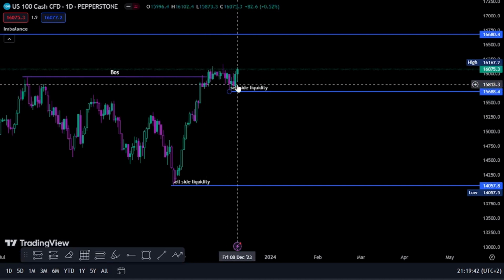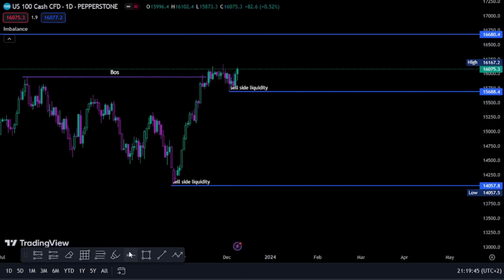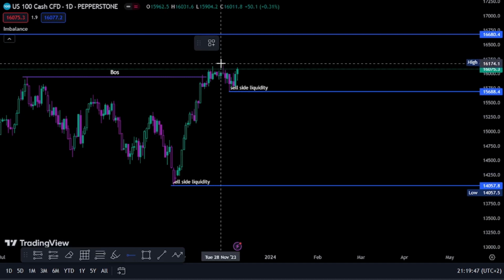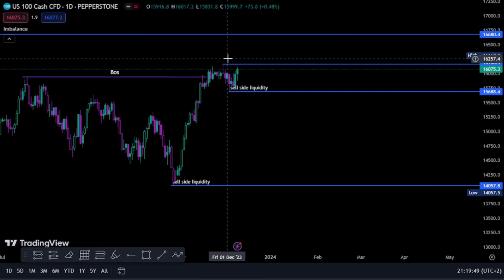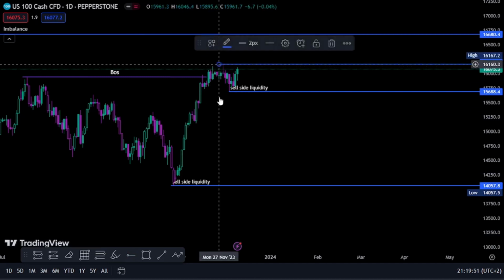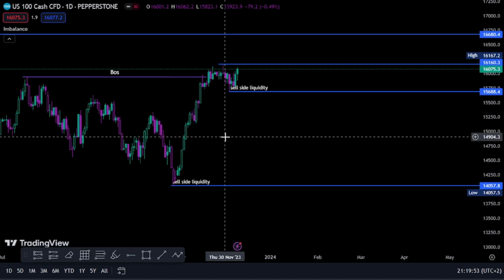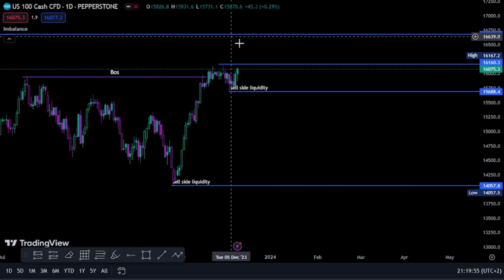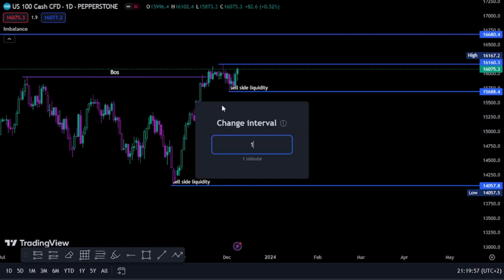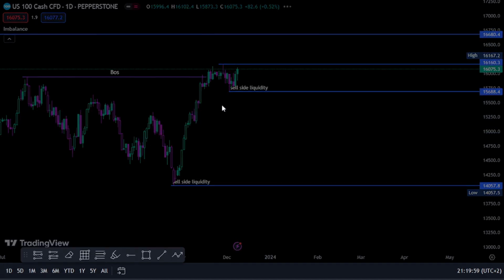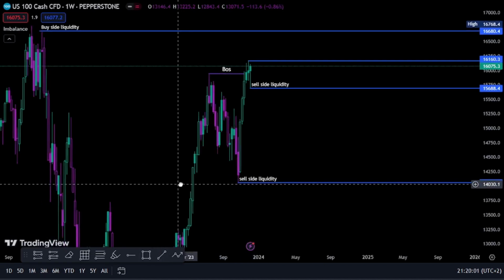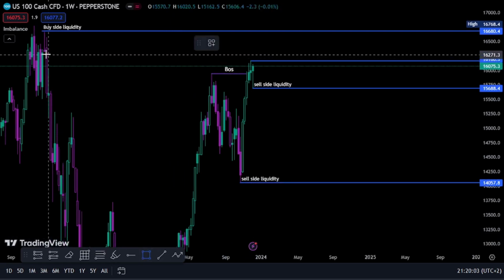You see, this is a pullback, and then we're gonna have to see here if we break here, right? If we break here, then surely we're going for this 1 week order block. Let me just mark it.